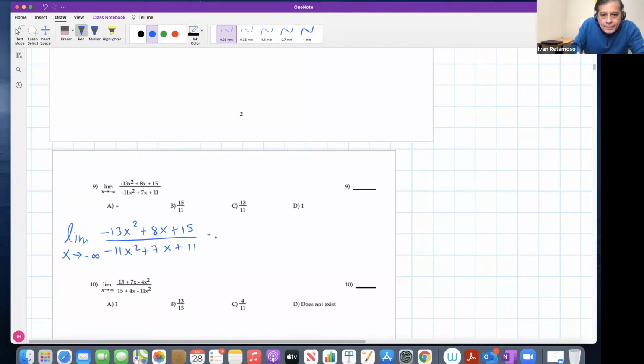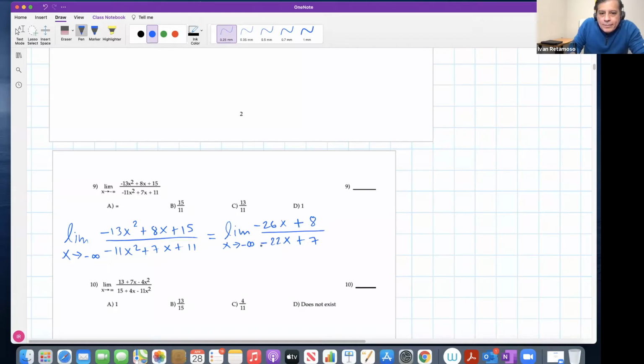The first time you take the respective derivatives, you will get derivative here minus 26x plus derivative of 8x, 8. Derivative of 15, 0. And here on the denominator, minus derivative of this guy, 22x plus 7. And this is as x approaches negative infinity.